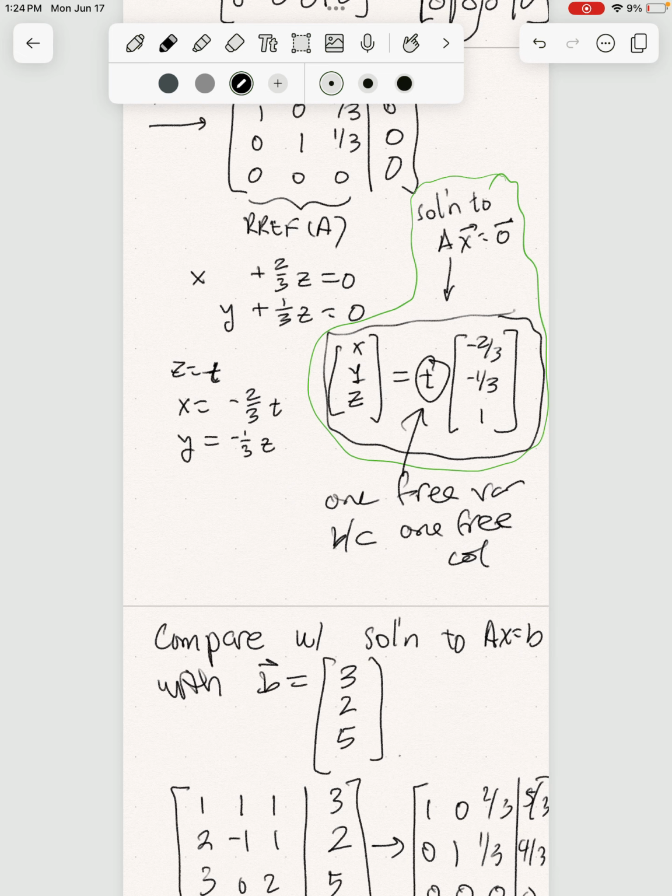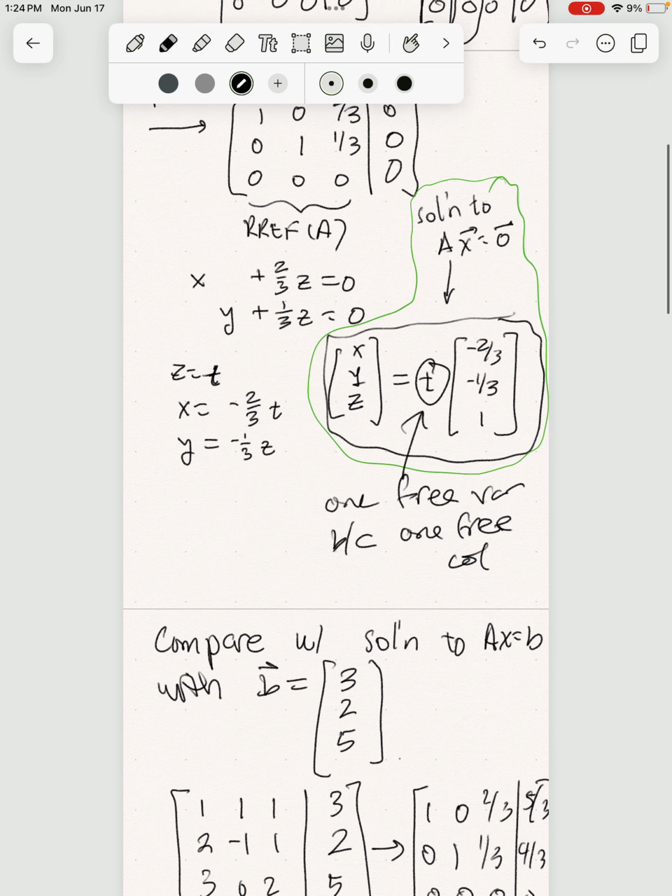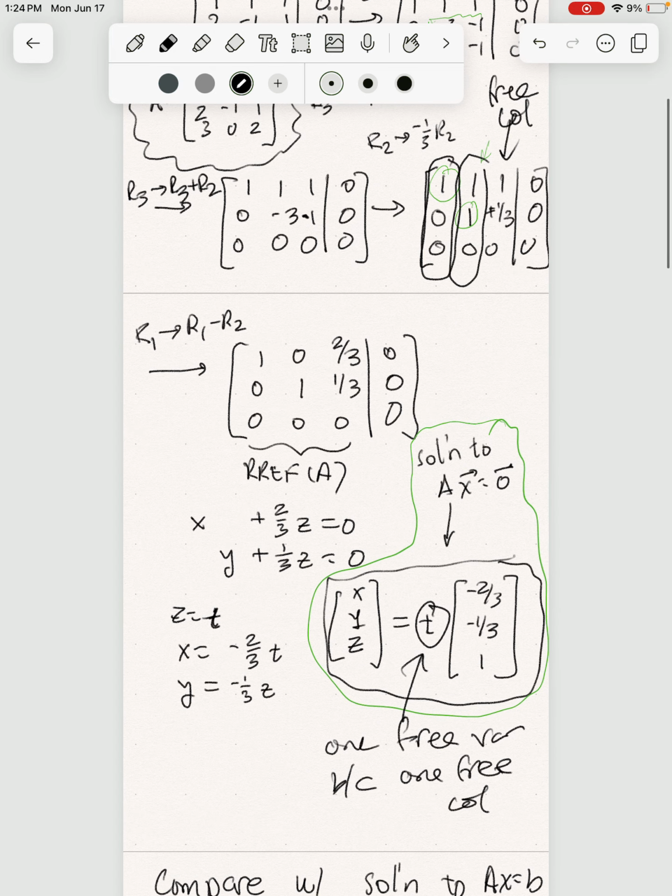So you get a line. If Ax equals 0 has only the trivial solution, then there are no free variables, and that turns out to mean the same as the columns being linearly independent.